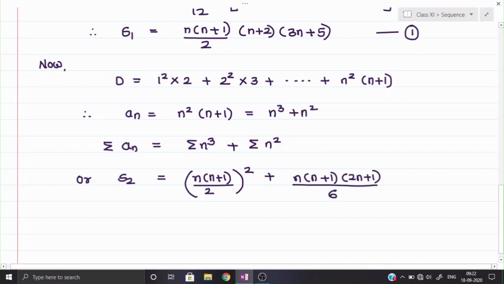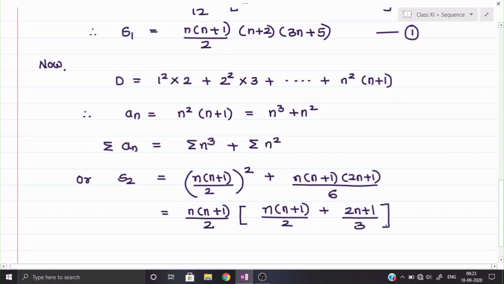Again here also we shall take common n into (n plus 1) upon 2. So we'll take now common n into (n plus 1) upon 2. So remaining is here n into (n plus 1) upon 2 plus here it will remain (2n plus 1), and out of the 6 2 we have taken, so remaining is 3.